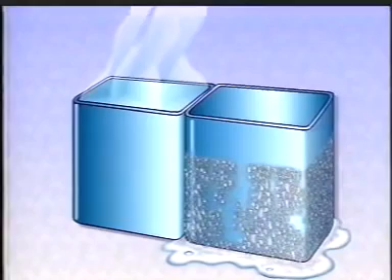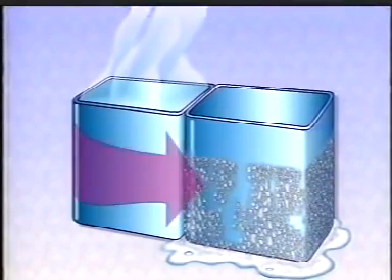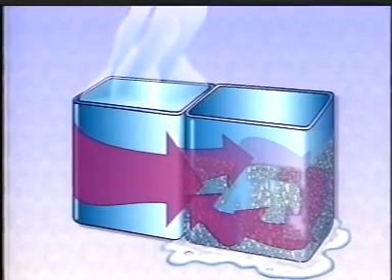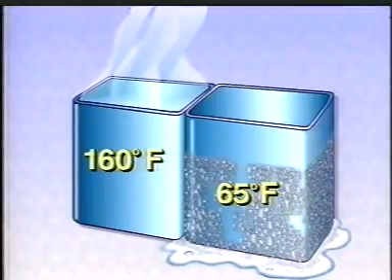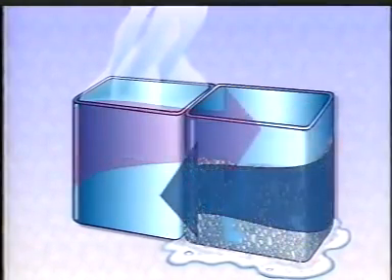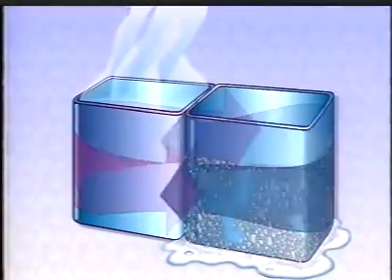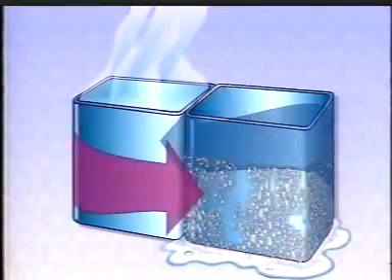This warm, less dense water rises and is replaced by cooler water. Then, a convection current transfers heat to all parts of the water. This transfer results in a change in temperature for both containers. Conduction and convection take place almost simultaneously to move heat from one fluid to another.